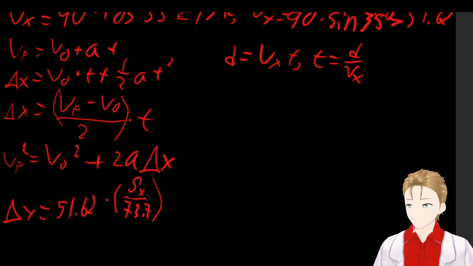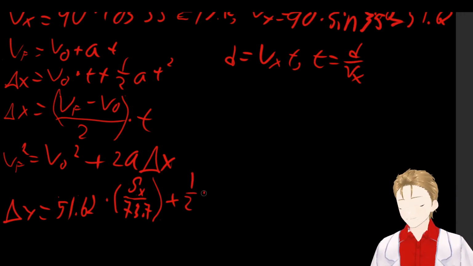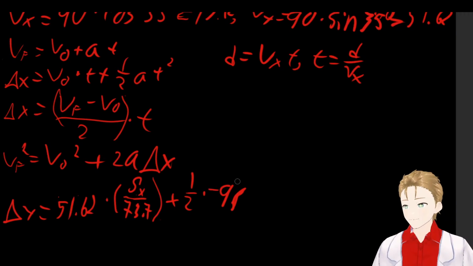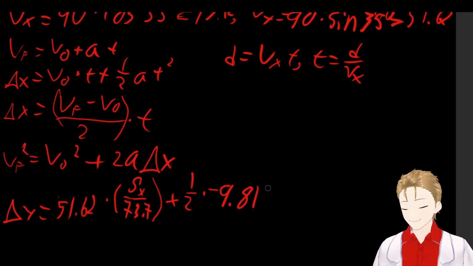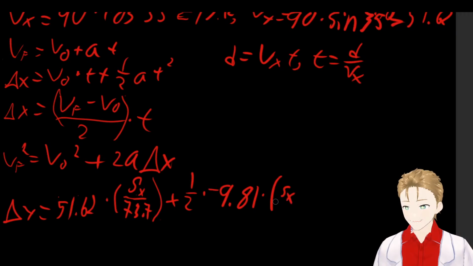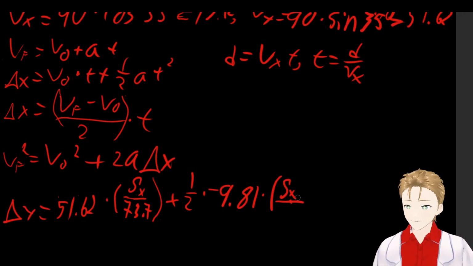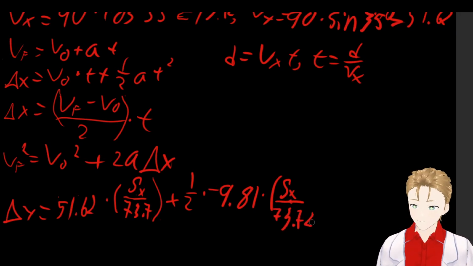I'm sure there's a better way to do this. Plus 1/2 times, I guess, negative 9.81. That doesn't help. Times s sub x. 3.72.